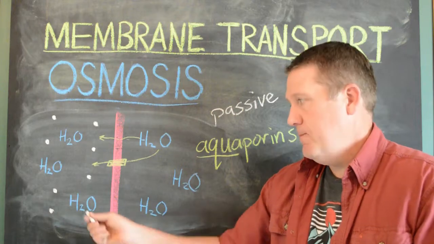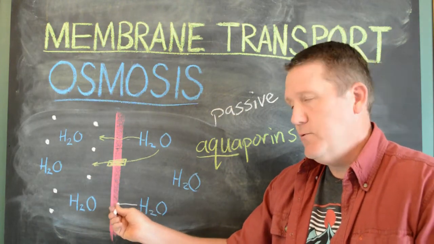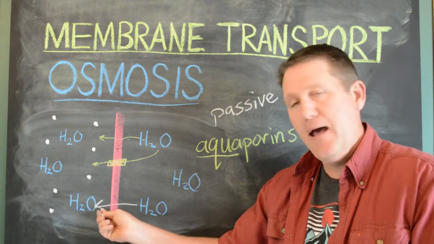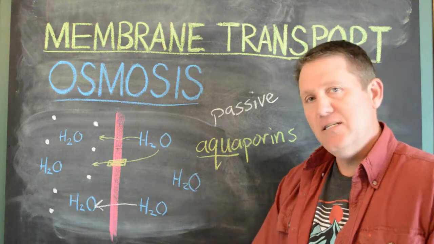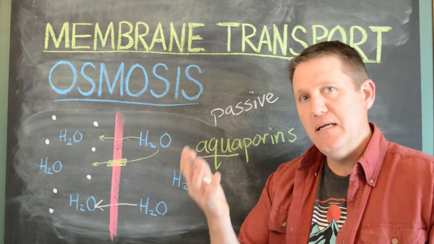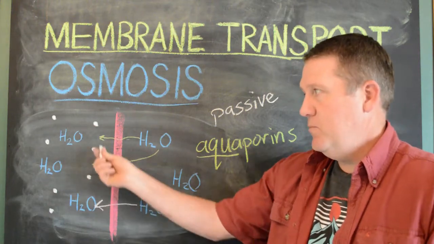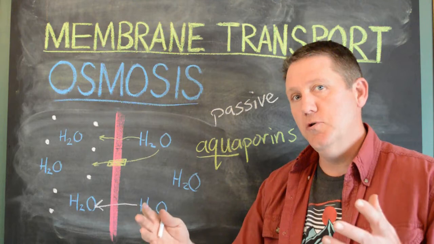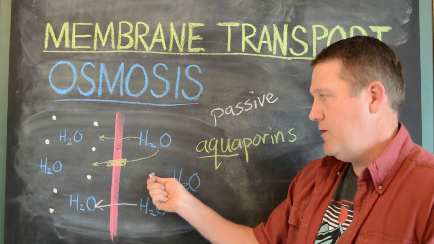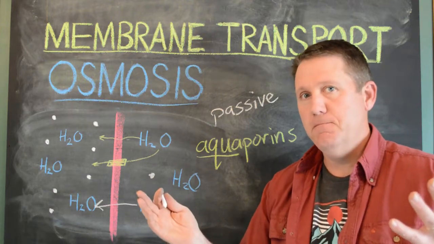So in this case, there are more solute particles over here, which is why I keep drawing water moving that direction. Water is going to move this direction until the solute concentrations on either side balance out. Because eventually there's going to be a lot more water over here, and these particles are going to become diluted until they eventually match the solute concentration over here. That's it.